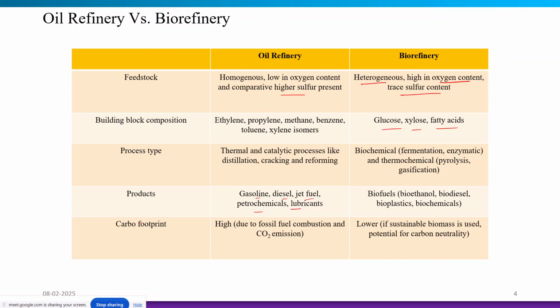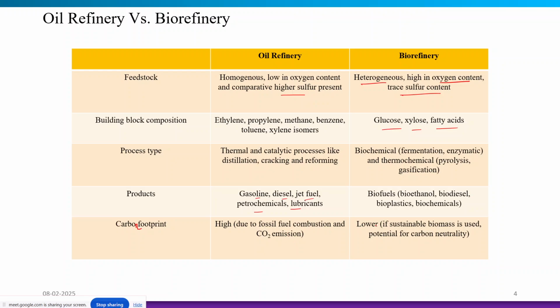Carbon footprint. So in the oil refinery, we ultimately get a high carbon footprint because we are using non-renewable fossil fuel. By the combustion of the non-renewable fossil fuel, we get a lot of CO2 emission.